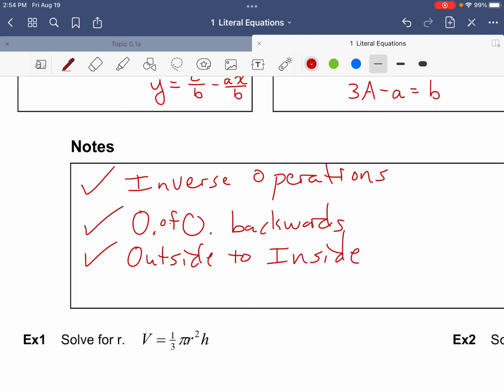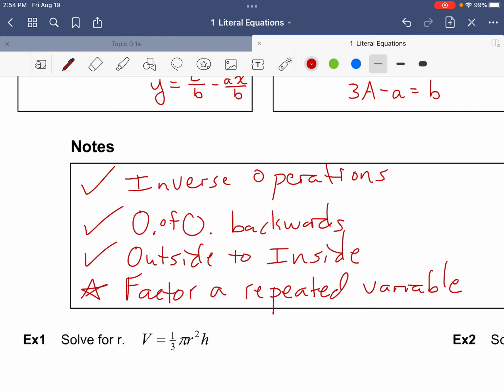Now, that is until we get into some special strategies, like the last one that I did, where I did some factoring. And if you remember, the reason I did some factoring was because we had a repeated variable. That is, the letter h showed up a couple times.